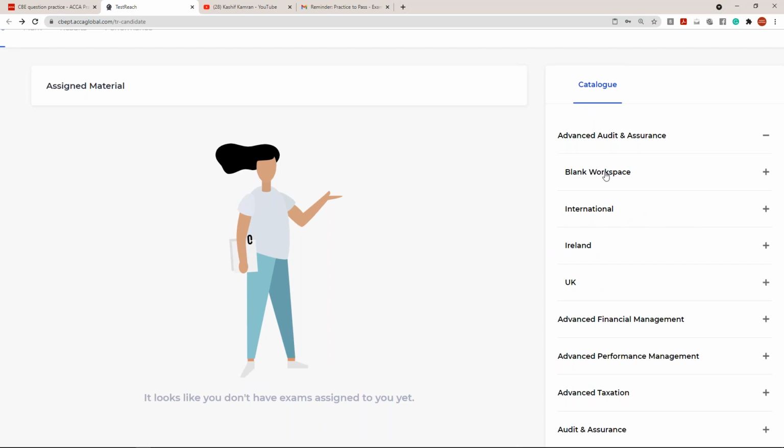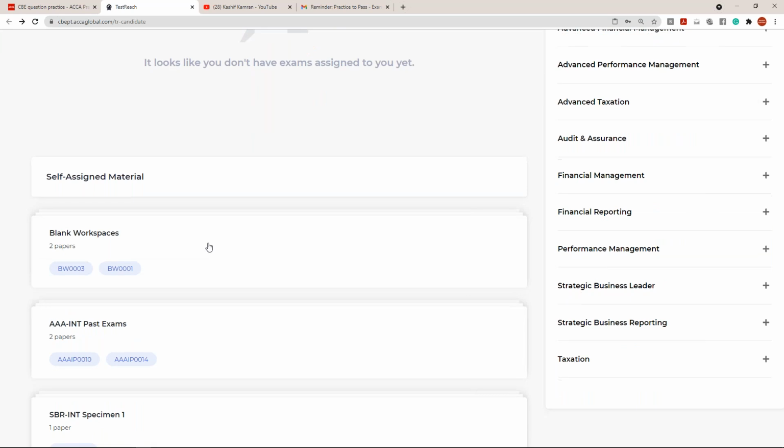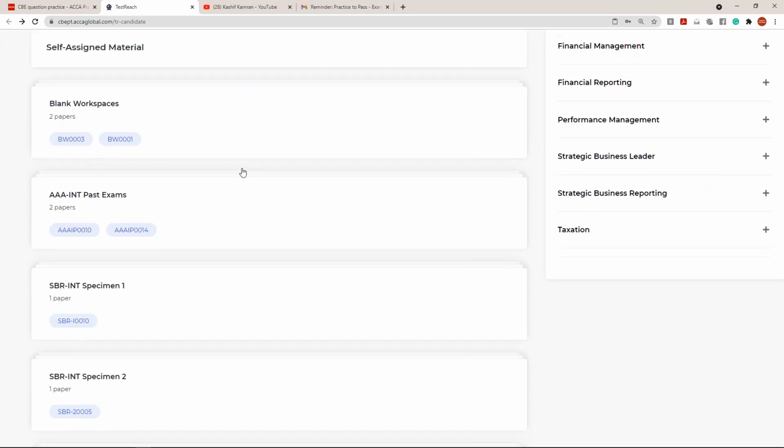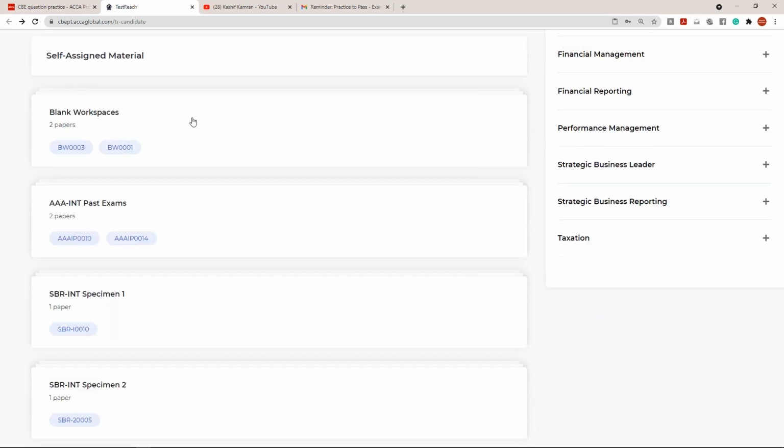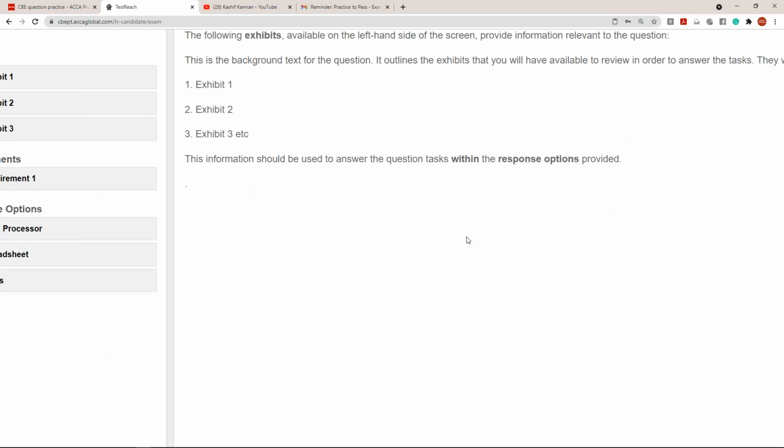So if you are attempting any paper from a revision kit, or any old paper which is not available on the practice platform, you just click on the blank workspace and press the assign button, and the workspace will be assigned to you on the left hand side. There you can see the self assigned material. You click on this, say resume or start, and you start the blank workspace.